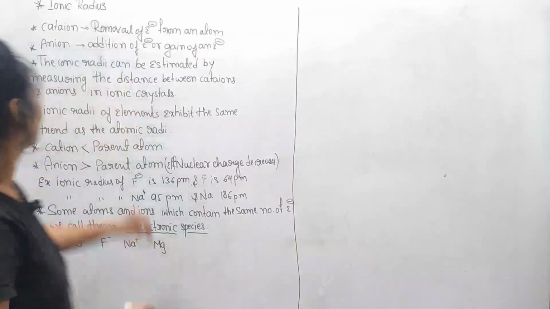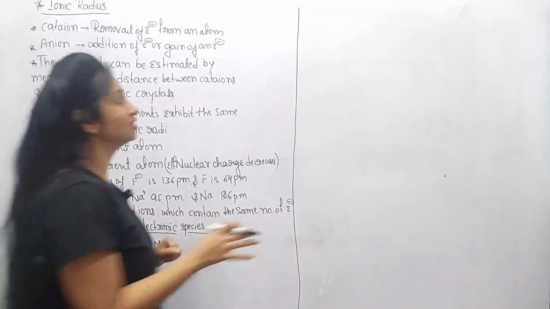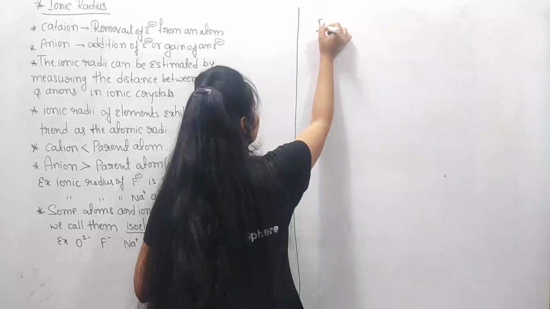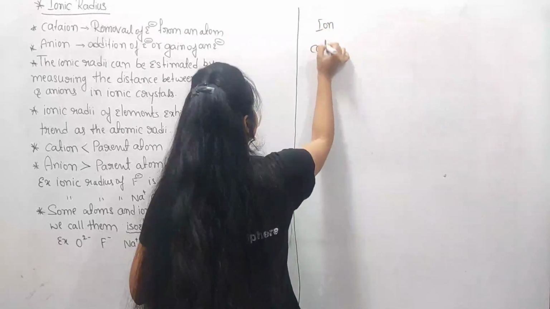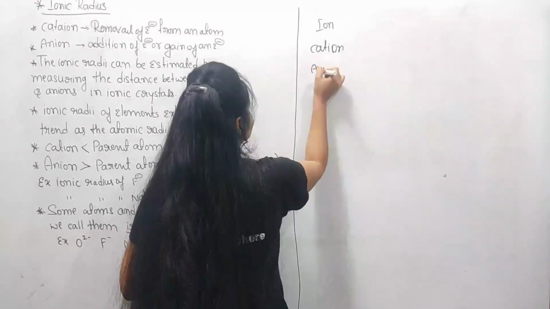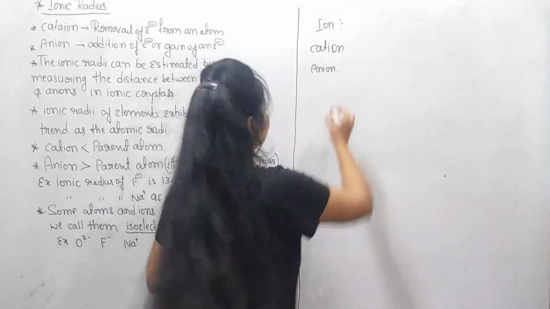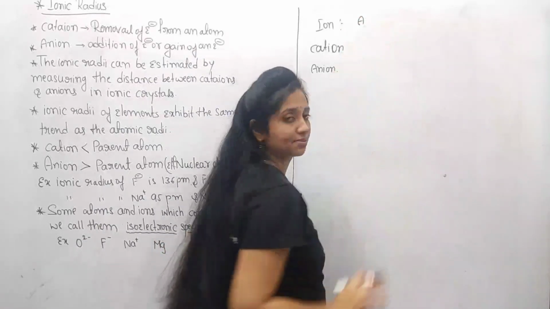Now let's talk about the ionic radius. First you have to know the meaning of ion, cation and anion. So what is the meaning of ion here? Consider this is our atom.